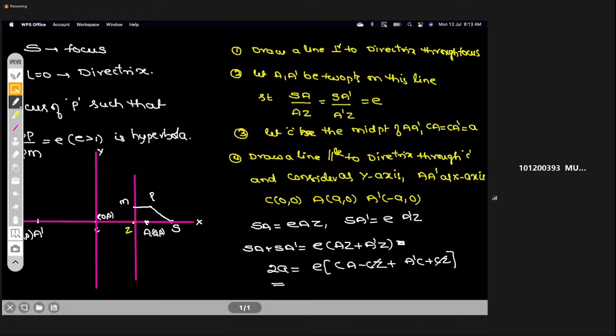Wait a minute, I think I made a mistake here, on the left hand side only I made a mistake.